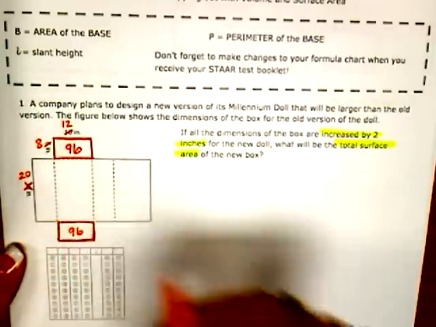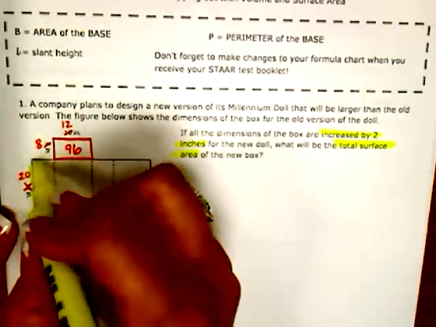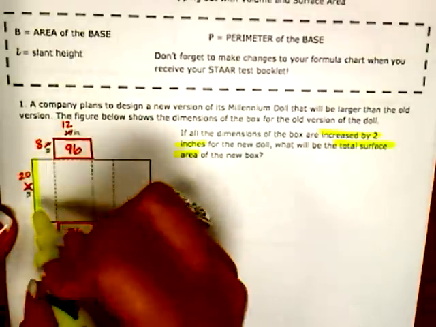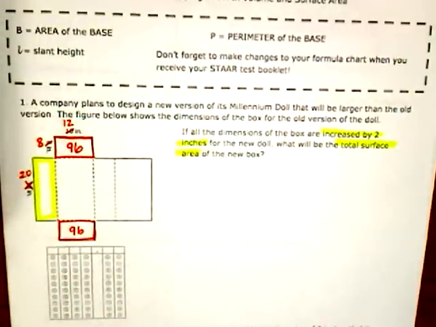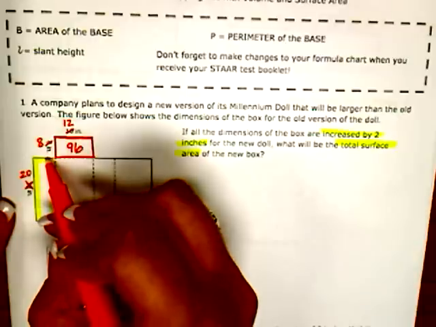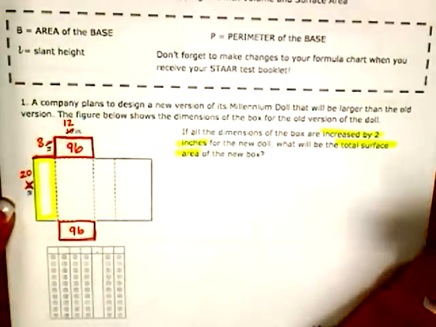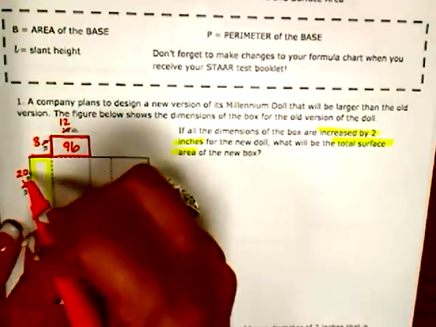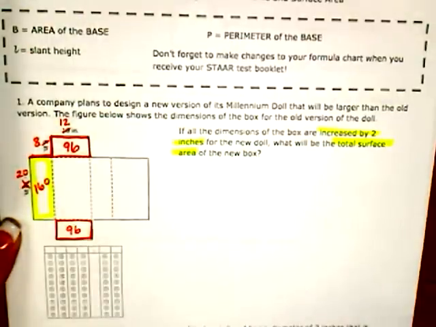So I'm just going to fill in a 96 there. Now I also have a rectangle on this side, which I'm going to highlight here. And that rectangle has a length and width of 20 and 8, because this side is also the same as this side when I fold it together. So 20 times 8 gives me 160.